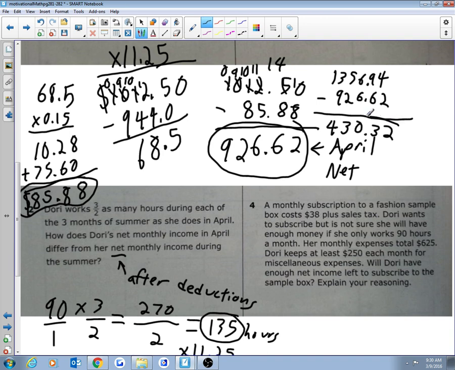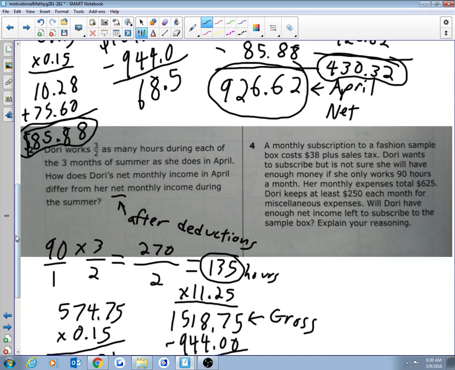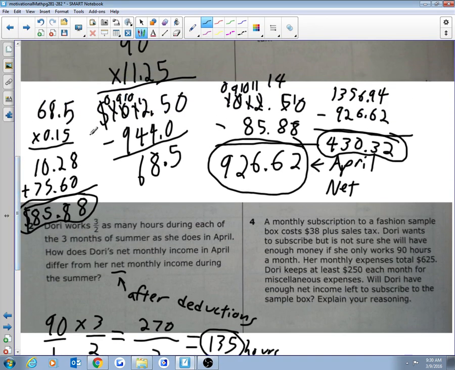So the difference of her summer income and her April income is $430.32. So that's the answer for number 2, $430.32.